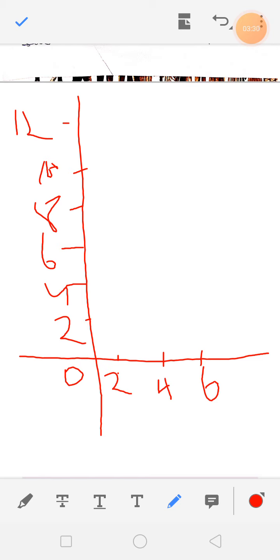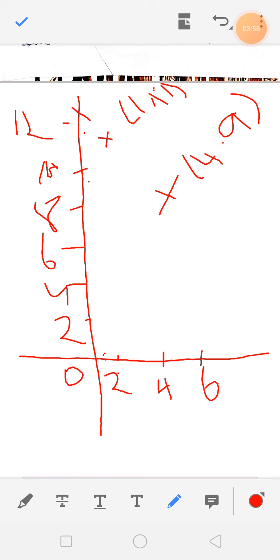So x value 1 is here, 11 is here. Correct? So this is our point. What is the point? 1 comma 11. And then if I put 4, what you will get? 9. So this is the 9 value, here 4. So the point is here, 4 comma 9.